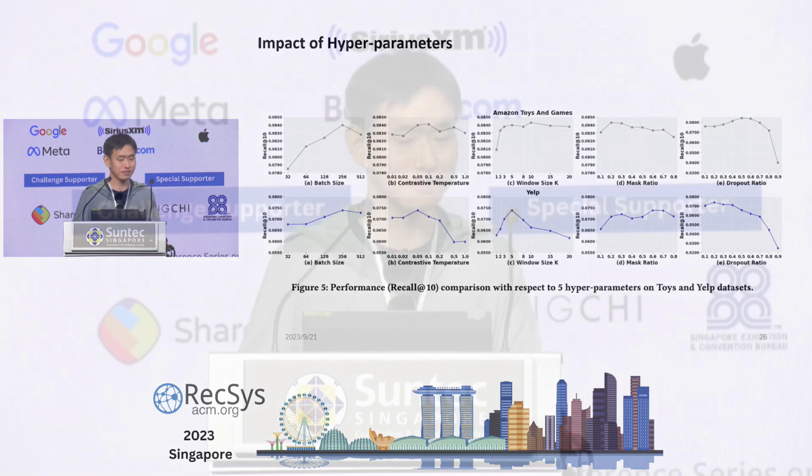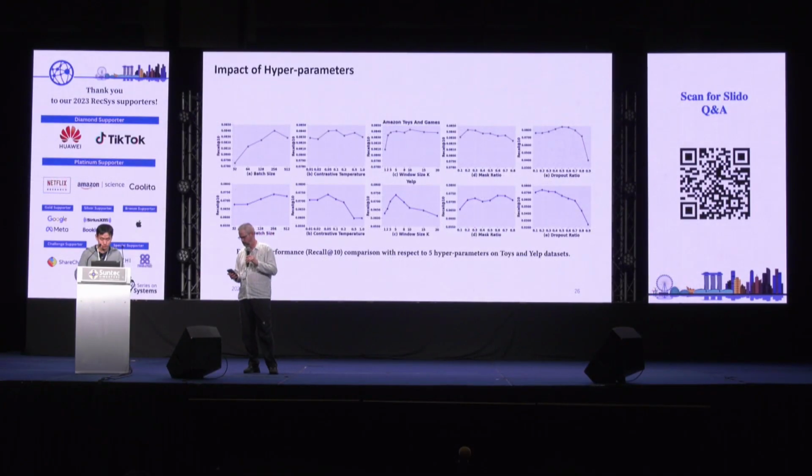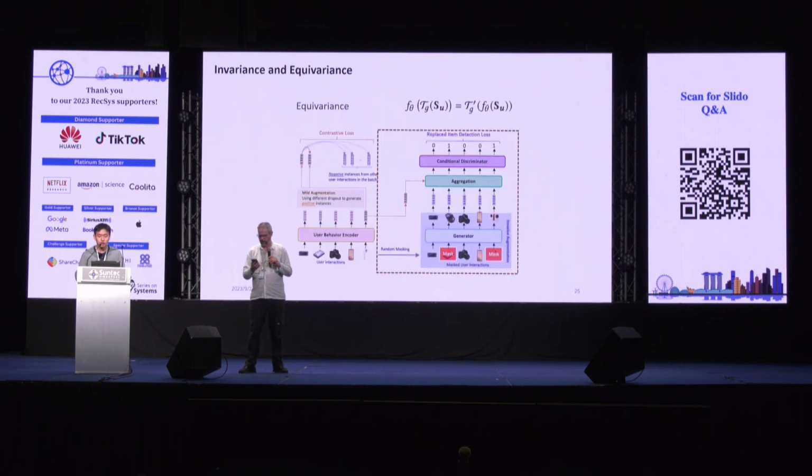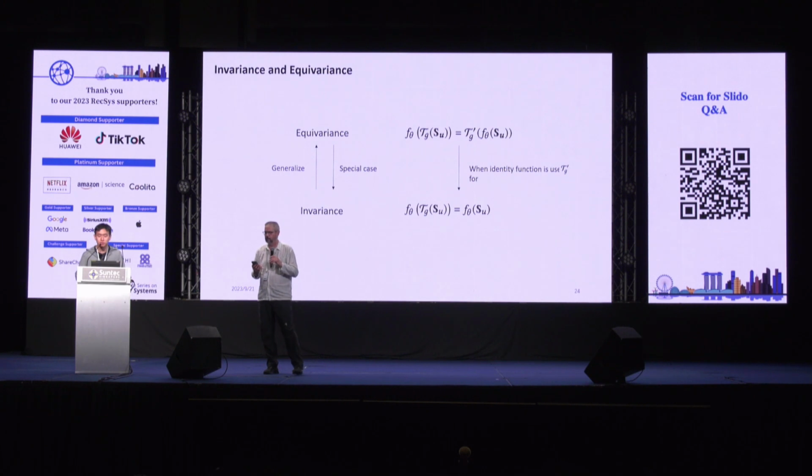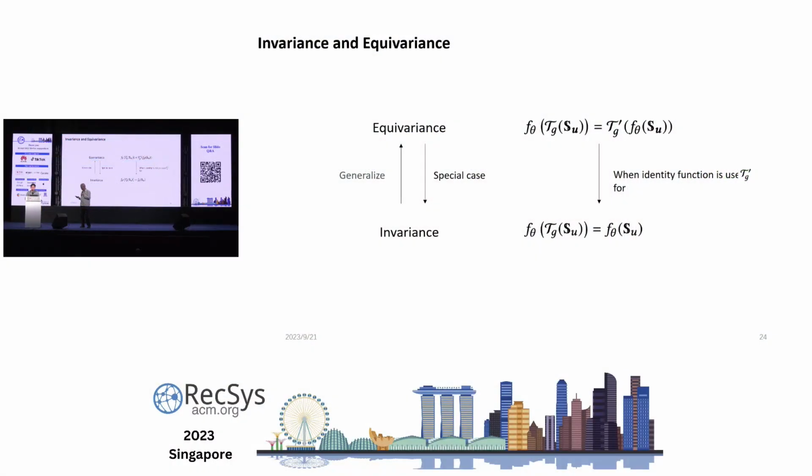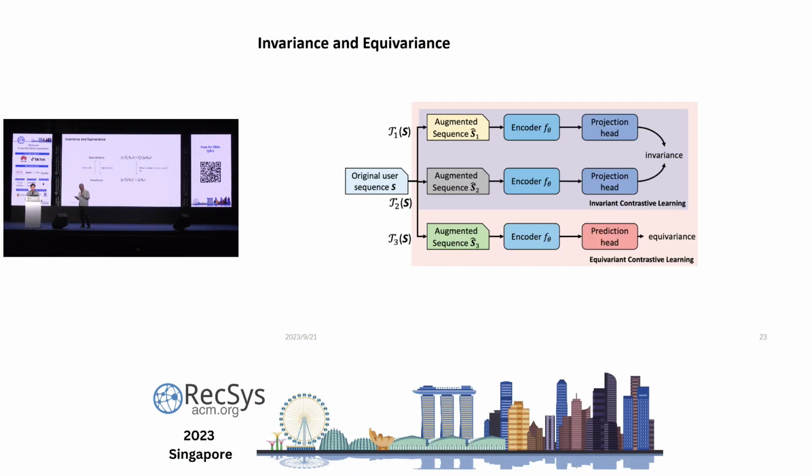All right, let me just check online. There's a question about the difference between invariance and equivariance. Okay, that's a very good question. I think people may be confused about these two concepts. Actually, these two concepts are mathematical concepts.